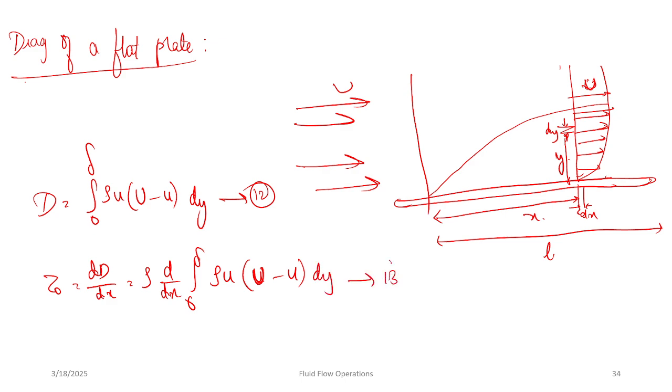This is equation 13. There will be different conditions for laminar boundary layer and turbulent boundary layer, depending upon the velocity. We'll be getting different equations for CD. I'll just write down these equations.